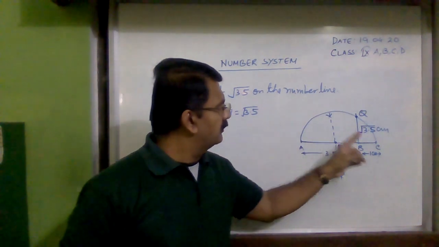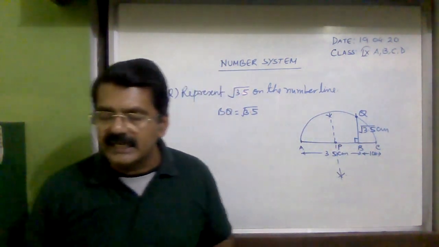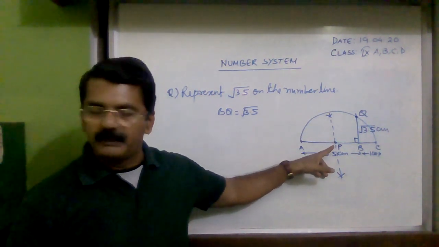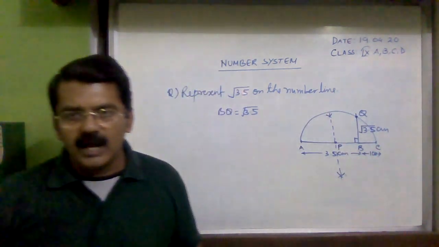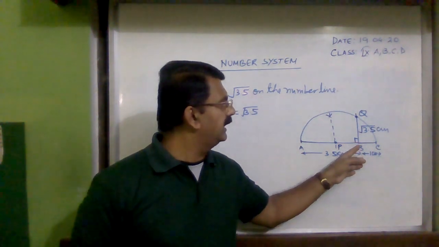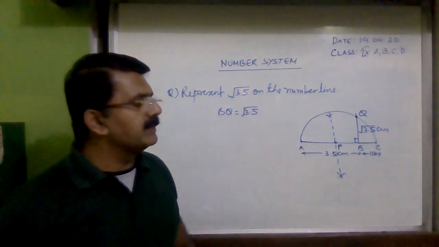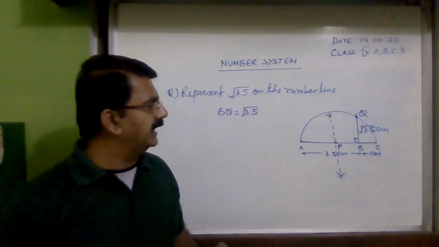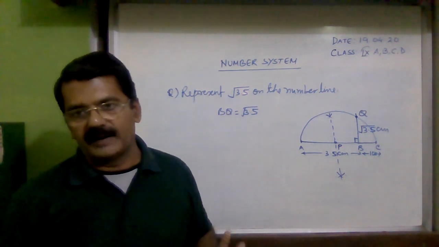Now, with your compass, draw the perpendicular bisector of the length AC such that you get the midpoint of AC, that is point P. With P as a center, you have to draw a semicircle. Once you get the semicircle, you have to draw a perpendicular at point B and let that perpendicular line cut the semicircle at point Q. So BQ is the length root 3.5 centimeter.